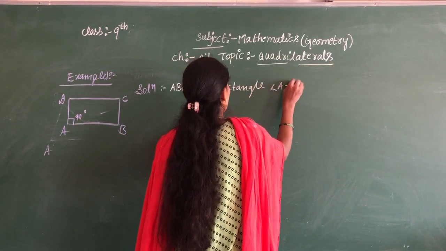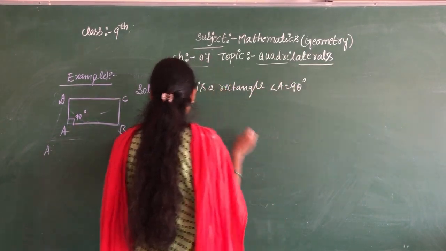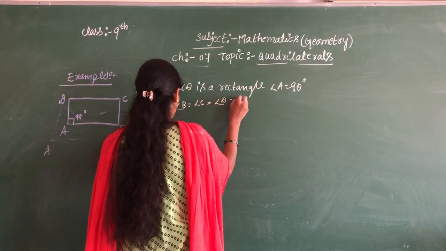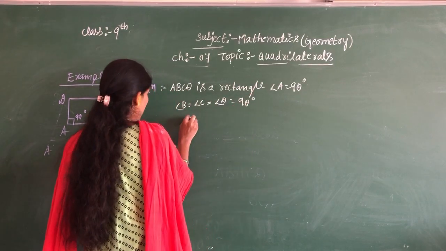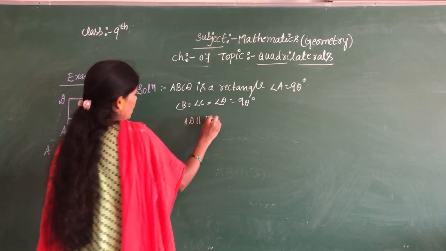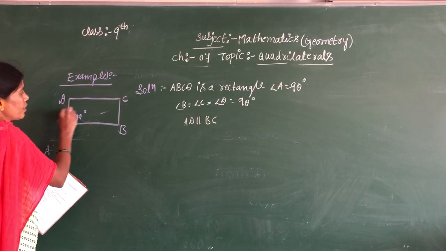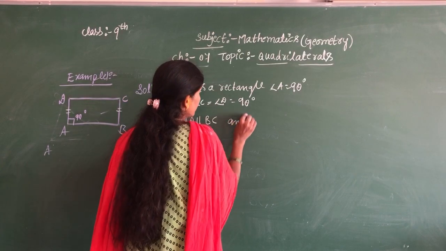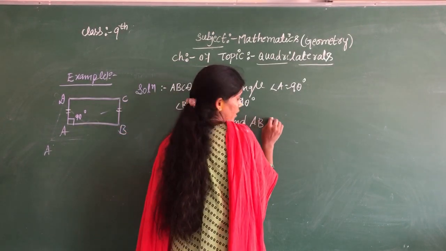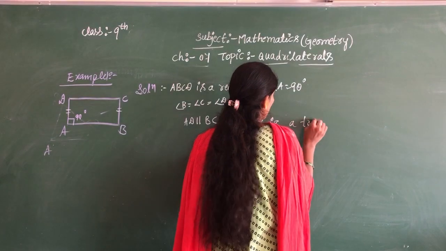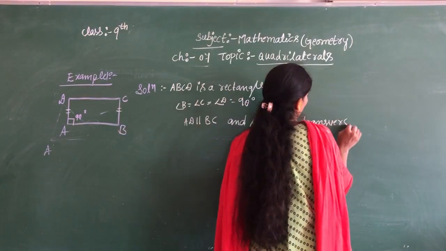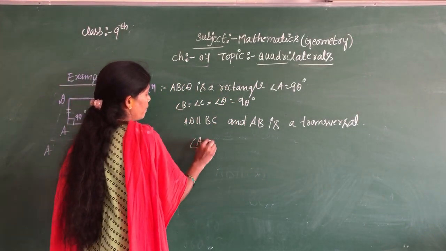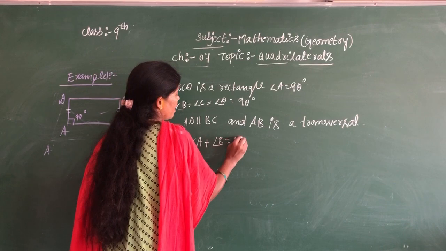Angle A is equal to 90 degrees, and angle B, angle C, angle D are also equal to 90 degrees. AD is parallel to BC, and AB is a transversal. Okay children, angle A plus angle B is equal to 180 degrees.